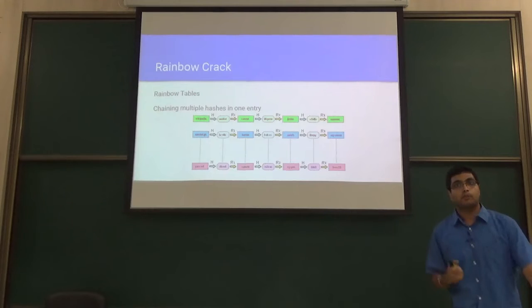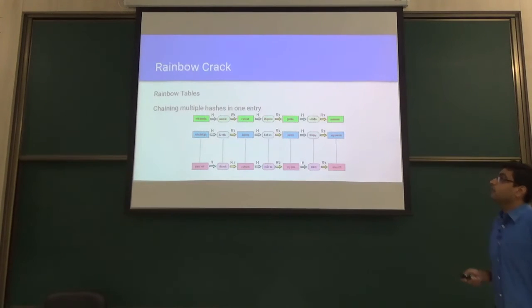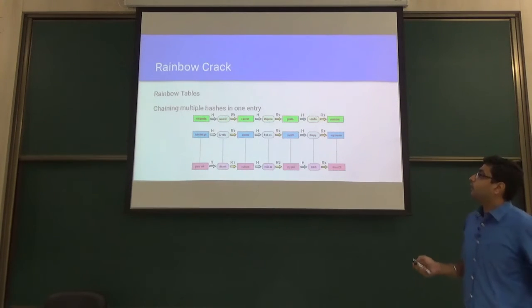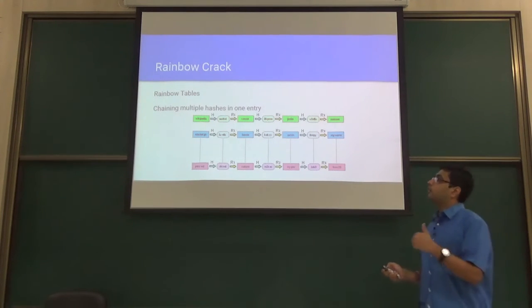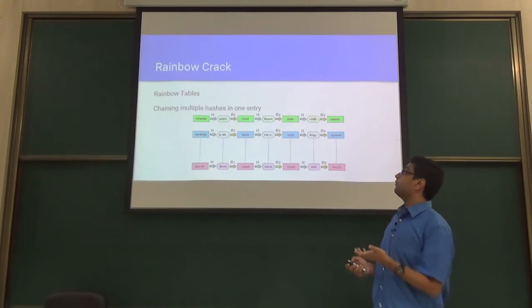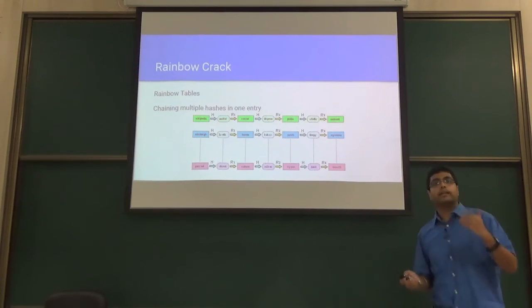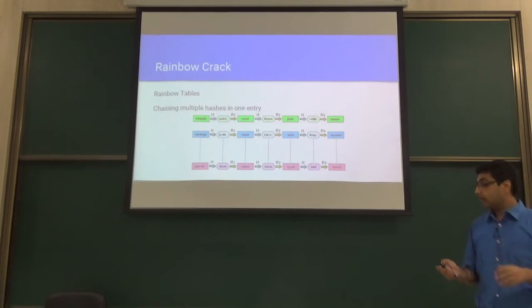That way the space complexity will be very high. Now, when we are using rainbow cracking, the very first thing is Wikipedia, then the corresponding hash that is calculated. What we'll do next is form a reduction function which will take you back to plain text. Now what is this reduction function?